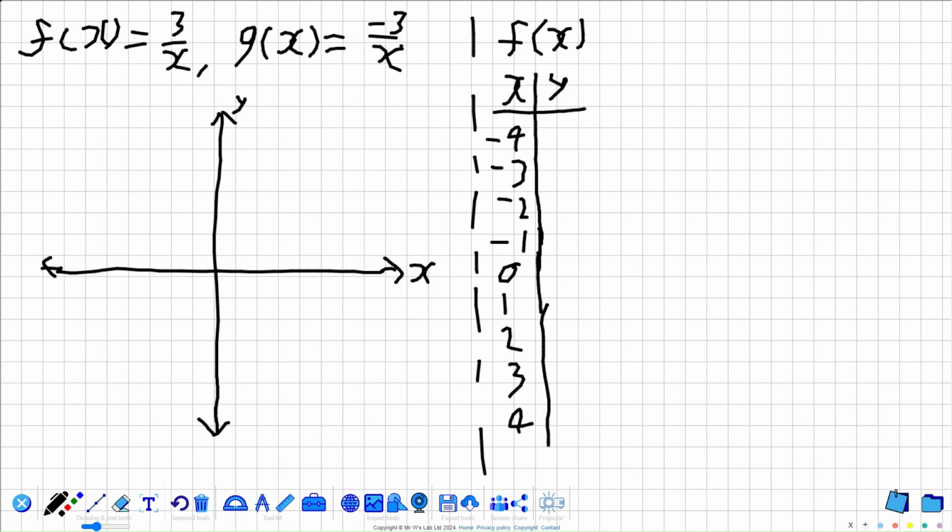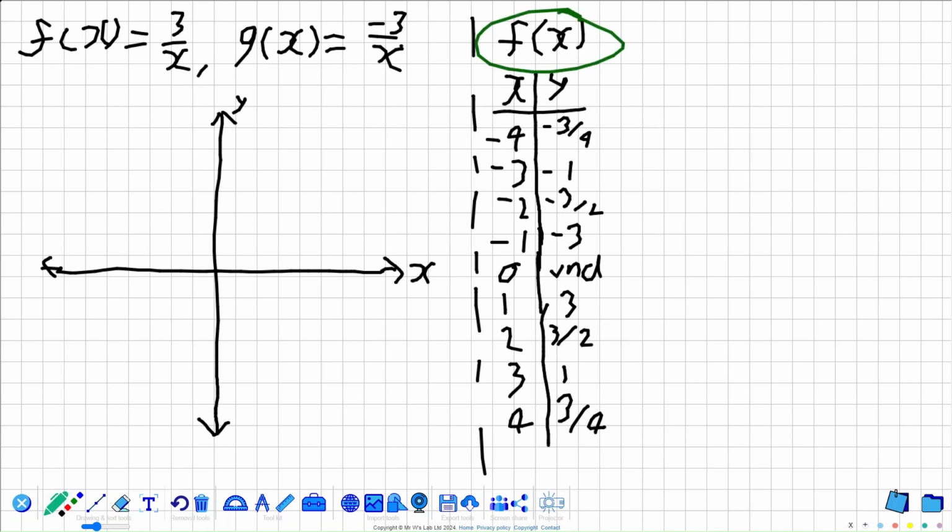So first we've got negative 3/4, then negative 1, then negative 3/2, and then negative 3, and then this is undefined because you can't divide something by 0, and then we've got 3/2, 1, and 3/4.